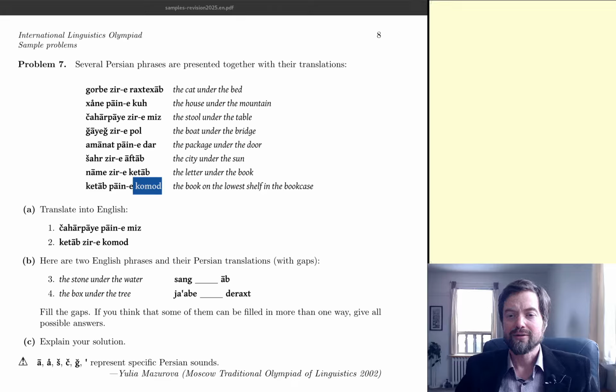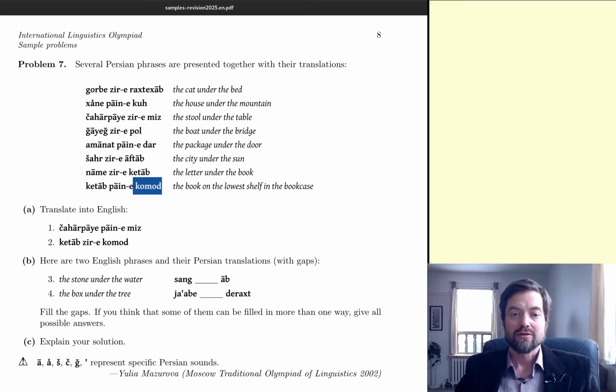Somehow it gets its own word. It seems like a funny example of something that we would see as very specific, the lowest shelf of the bookcase, and yet it's going to get its own word just for that. So that's a bit unusual.